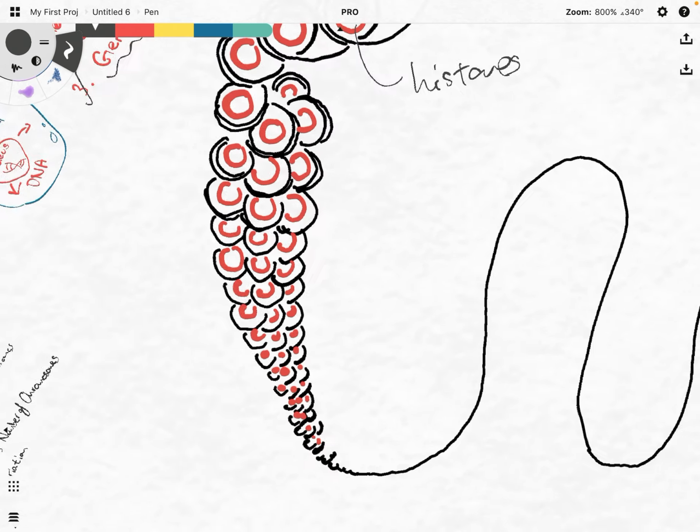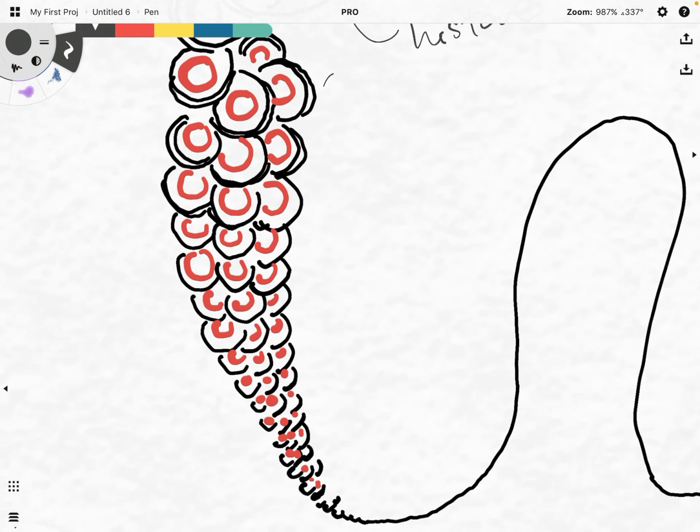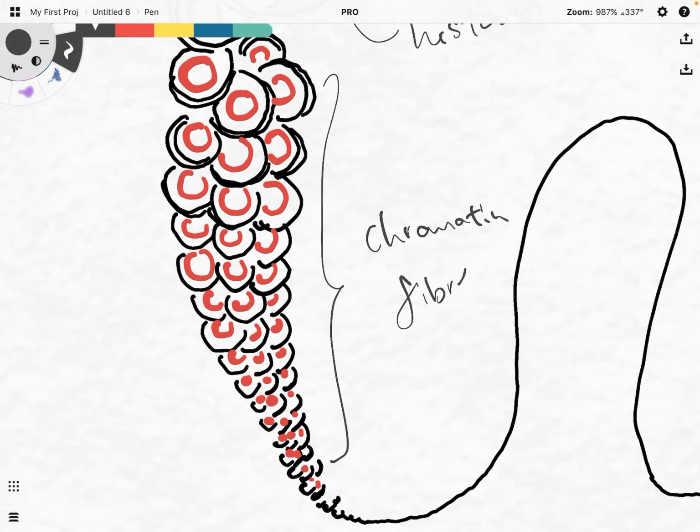Many nucleosomes can then coil around each other to form this thread-like structure, and we refer to this as chromatin fiber. DNA exists as chromatin fiber for most of its cell cycle.